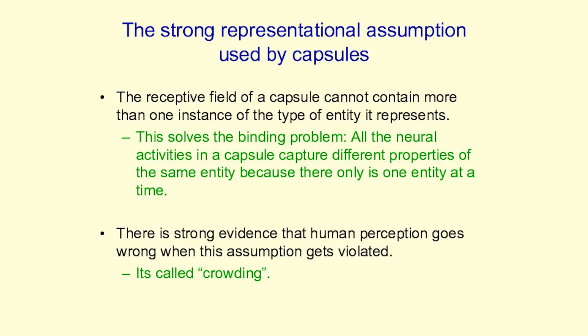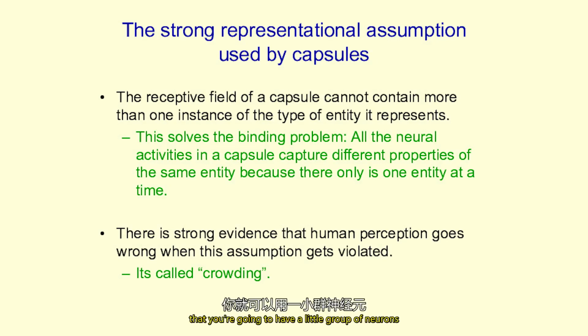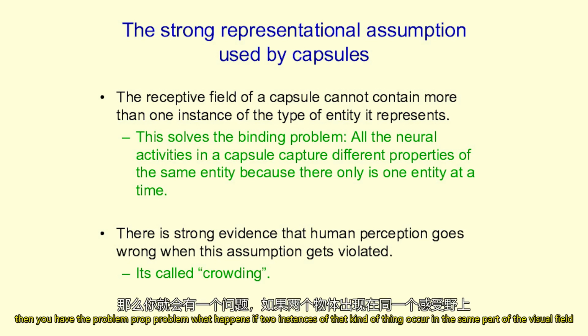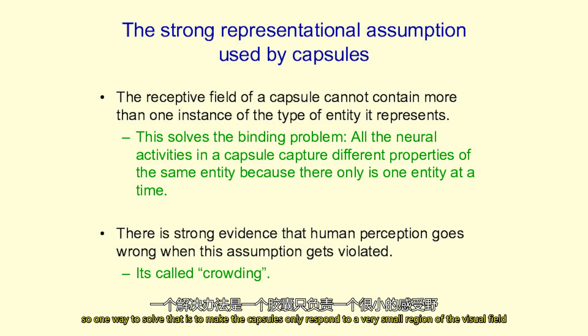Now, once you go for this idea that you're going to have a little group of neurons representing different properties of some object or object part, you have a problem. What happens if two instances of that kind of thing occur in the same part of the visual field? One way to solve that is to make the capsules only respond to a very small region of the visual field.